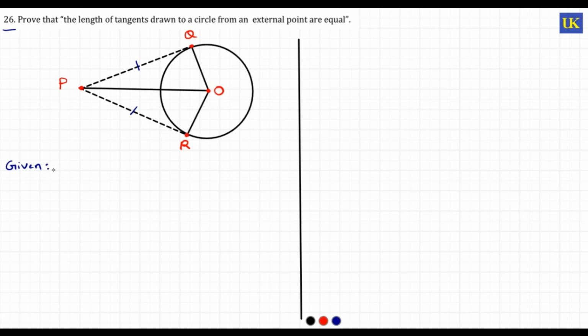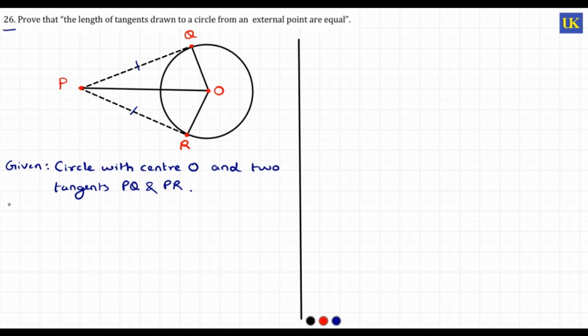In given we will say that they have given one circle with a center O, and two tangents are given, PQ and PR. So this is what is given.